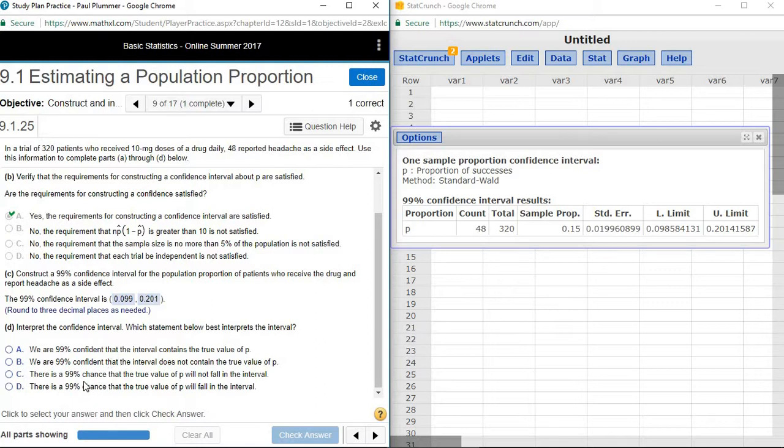If it starts talking about chance or probability, that's a key that it is wrong. Don't choose those. Next, we are looking that it says that the true proportion, in this case the true p-value, is contained in the interval. And so that would be 1, that we are 99% confident that the interval contains the true value of p.